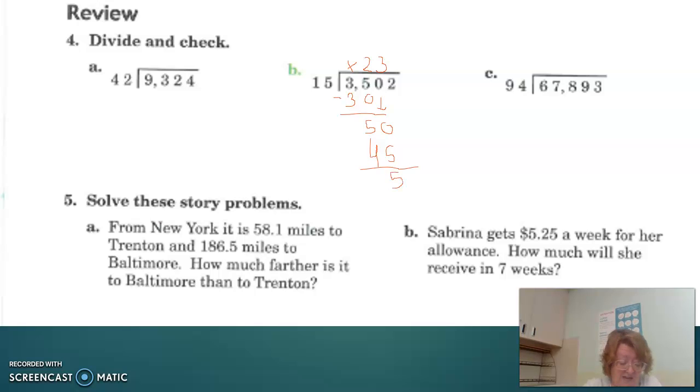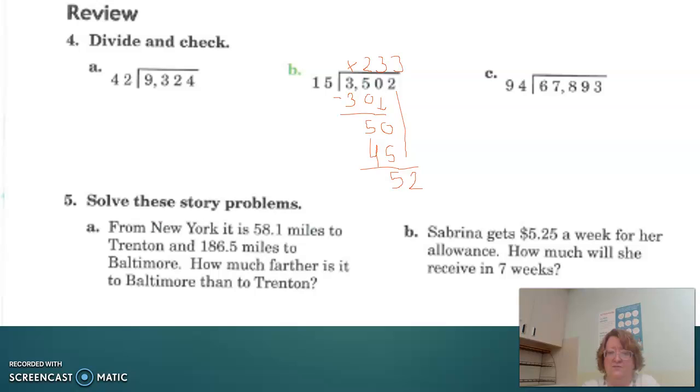And then is 5 less than 15? Yes, so we bring down the 2. Well, now we have 52. Here we had 50. If we're counting by 15s, what comes after 45? Correct, that would be 60. So 4 would be too large, so we would use what as our quotient? It would be 3.